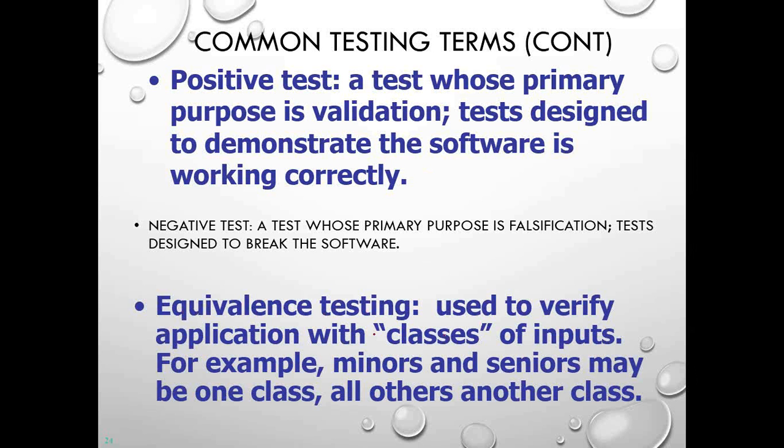Moving on to equivalence testing. It is used to verify the application with classes of input. For example, minors and seniors may be one class, and all others are in another class. So equivalence testing is nothing but grouping them into similar sets of functionality.